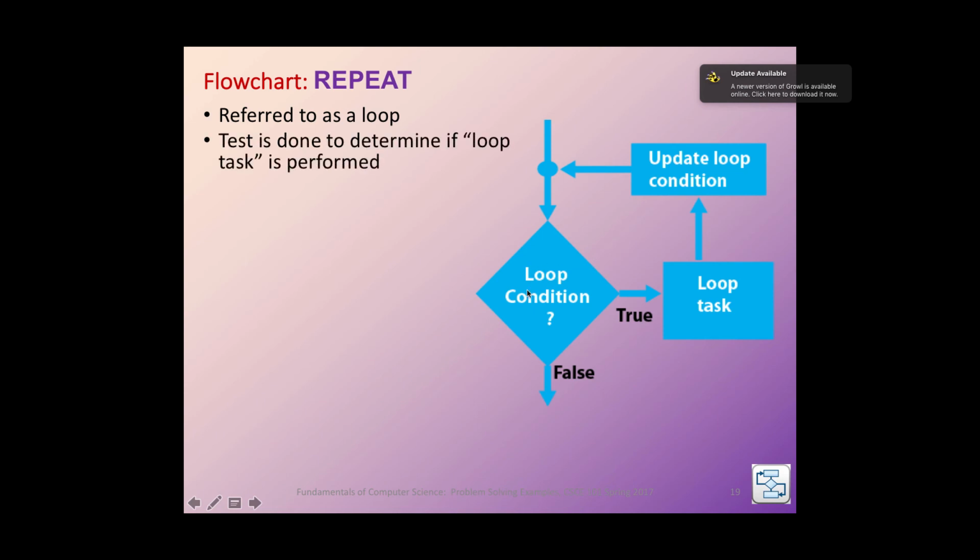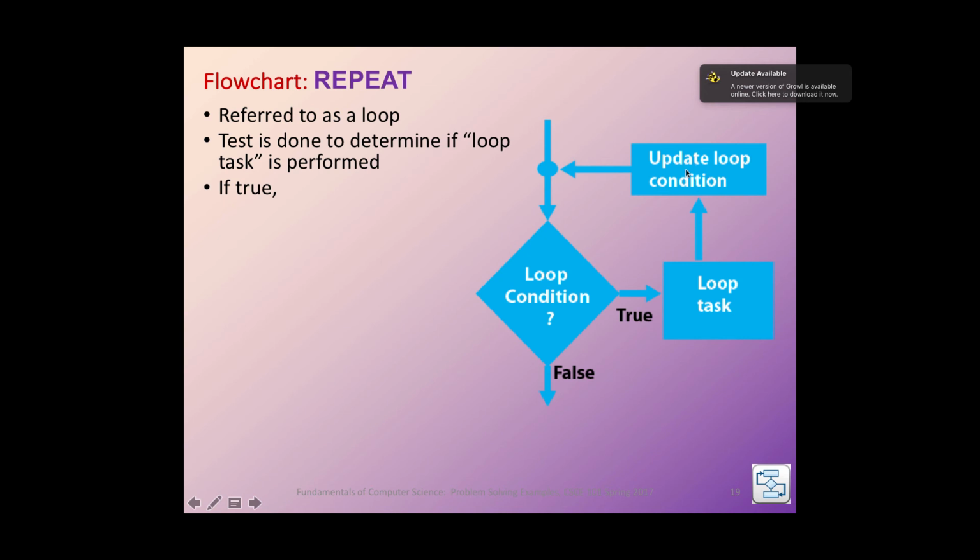Okay, and this test is what determines if the loop is performed or not. If it's true, you go ahead and perform the loop task, and then either in the performing of the task or after you perform the task, you have to update the loop condition.